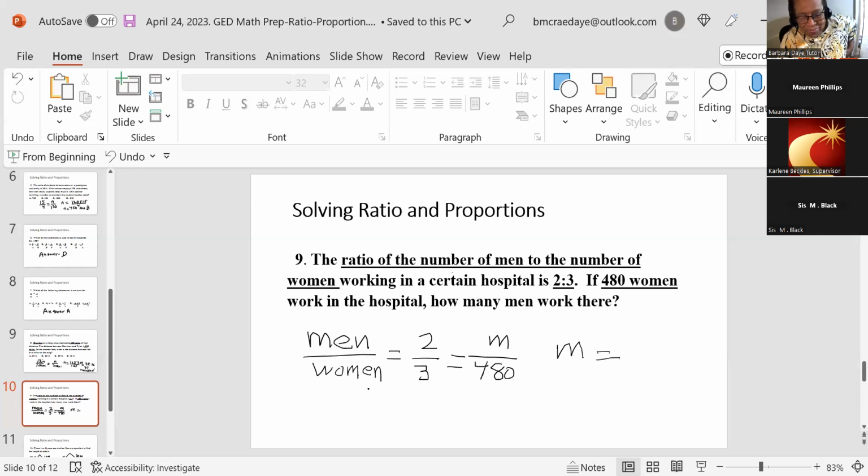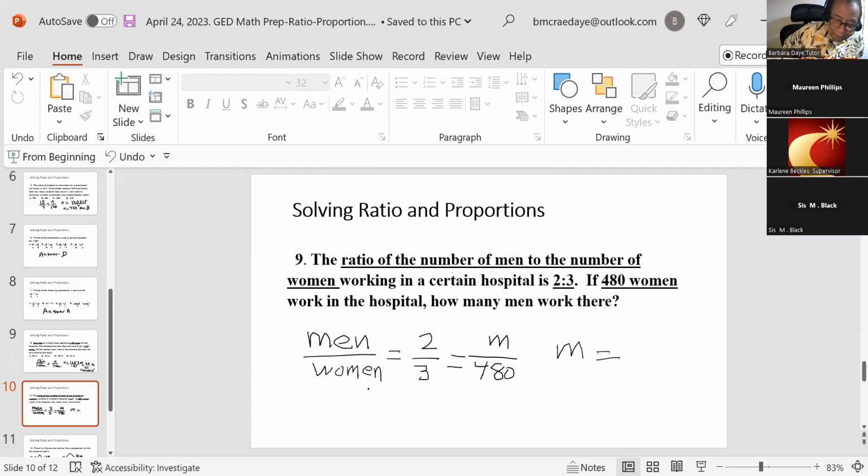Okay, you cross multiply. Cross multiply, solve for M: 2 times 480 divided by 3. What is that equal to, Mercedes? All right, 1 sec. 2 times 480 divided by 3, you get 320.